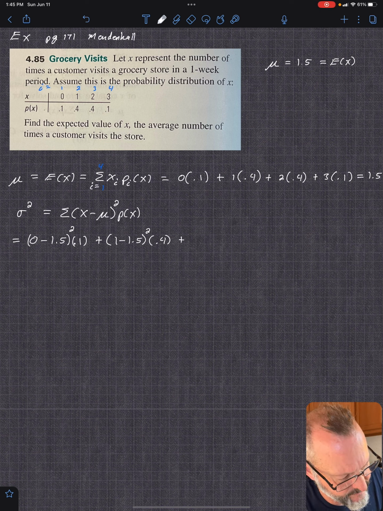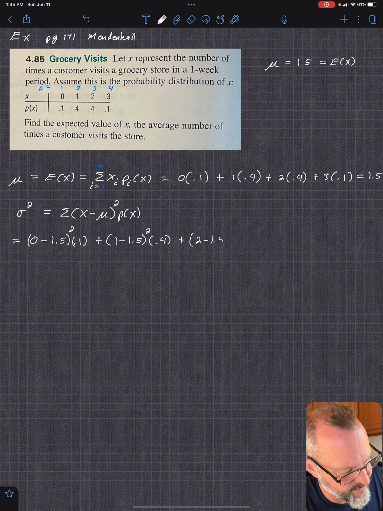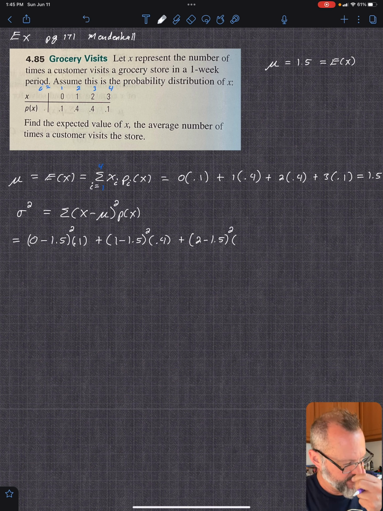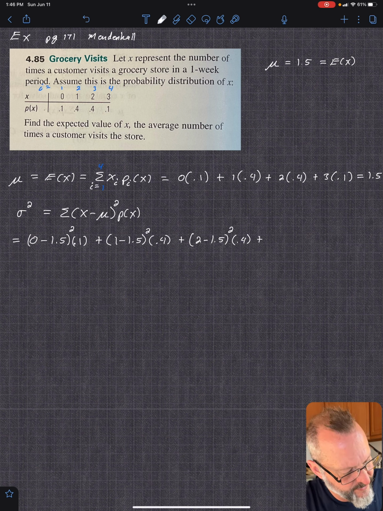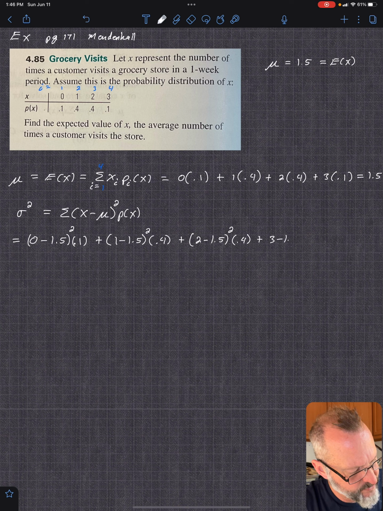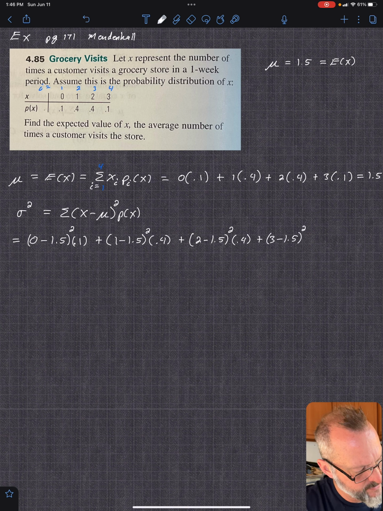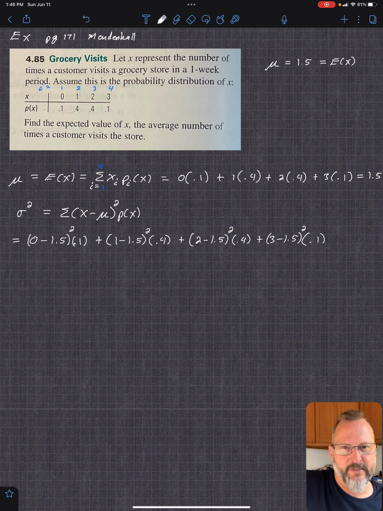Then plus 2 minus 1.5 squared, corresponding p of x for 2 is 0.4, plus, and then it's 3 minus 1.5 squared times your 0.1. And then you want to calculate that.